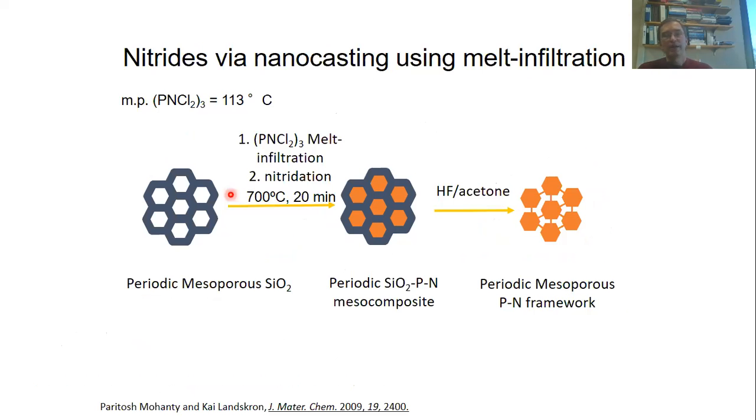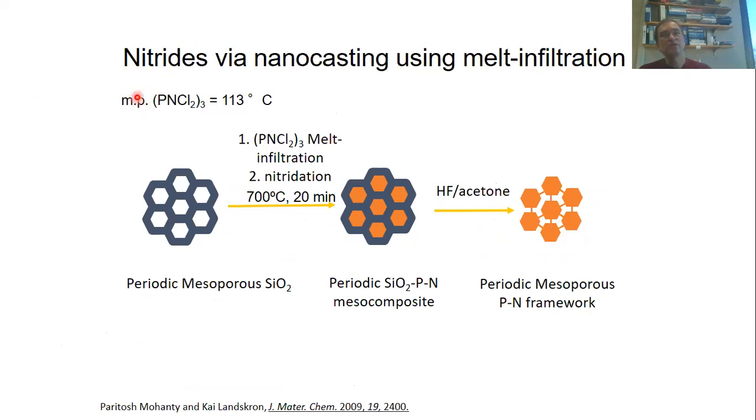All right, you can also extend the idea of infiltrating a pure liquid to the preparation of nitrides, such as mesoporous nitrides.